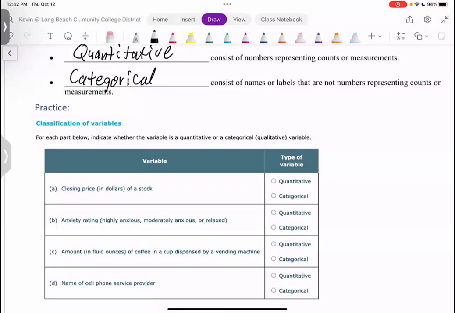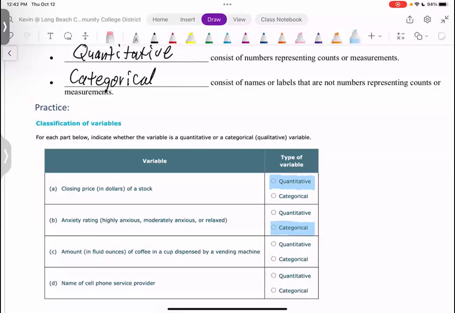All right, a closing price in dollars of a stock. That is definitely going to fall into the quantitative, meaning we have numbers that have meaning here. Part B, anxiety rating, highly anxious, moderately anxious, or relaxed. That is definitely categorical. There aren't any numbers of meaning that have any significance to this here.